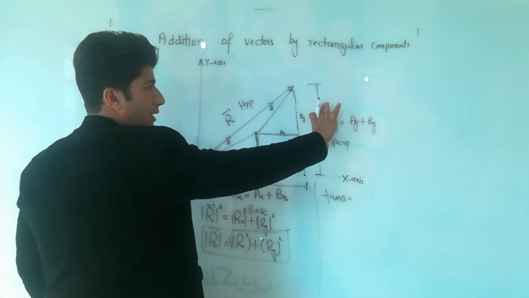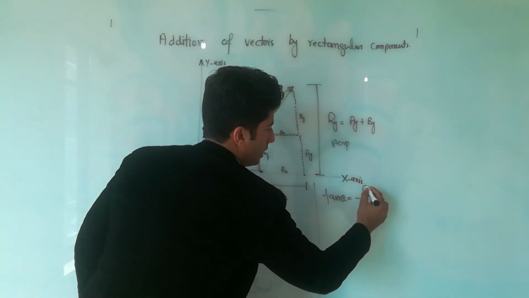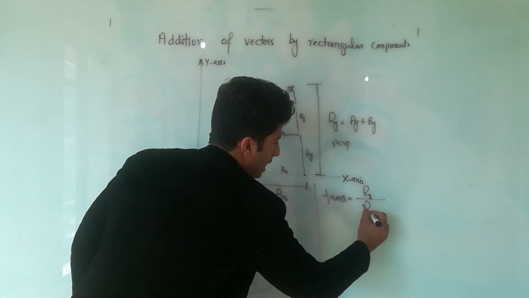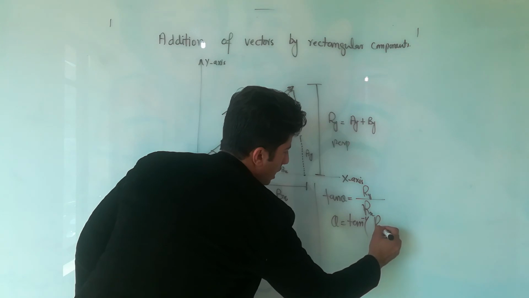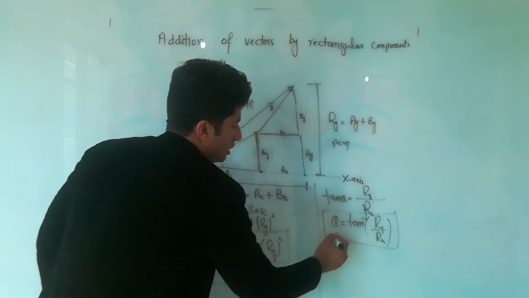Tangent theta is perpendicular divided by base. The perpendicular is Ry and the base is Rx. So theta is equal to tangent inverse of Ry divided by Rx. This will be the direction.